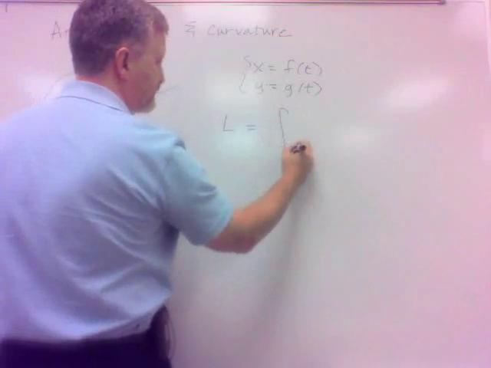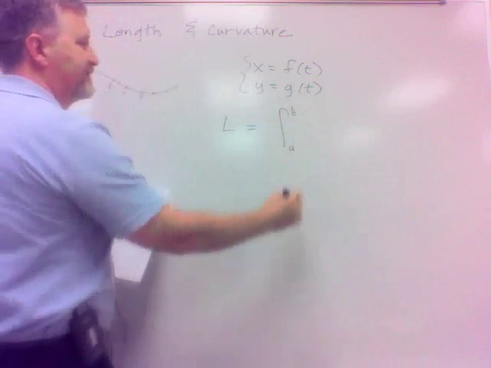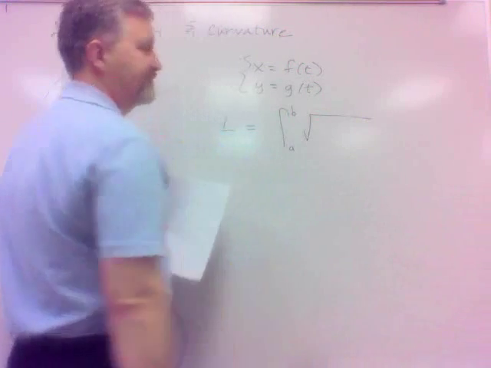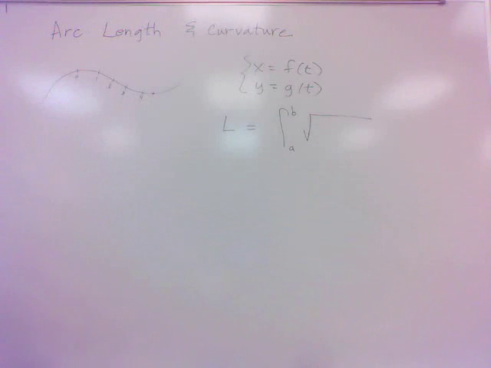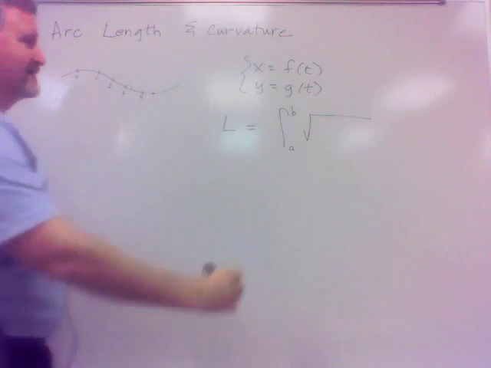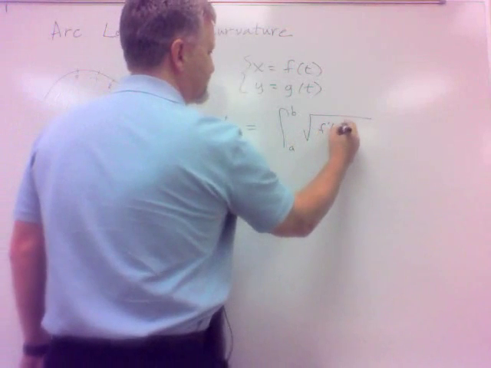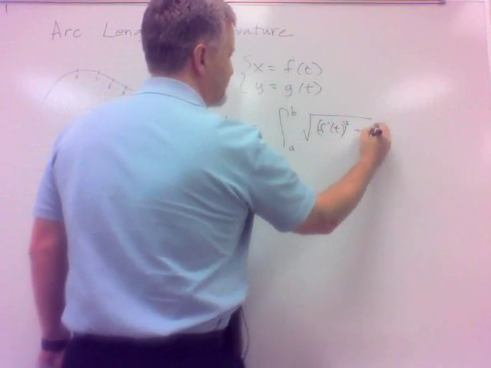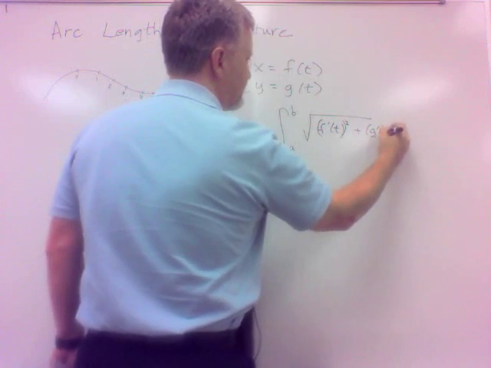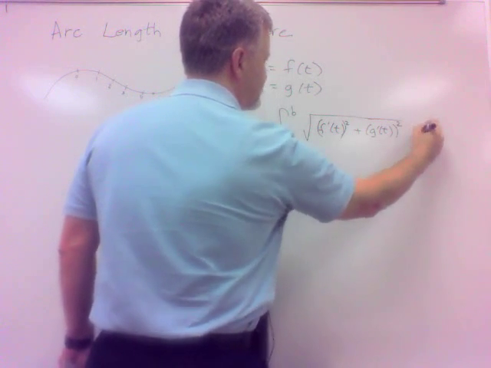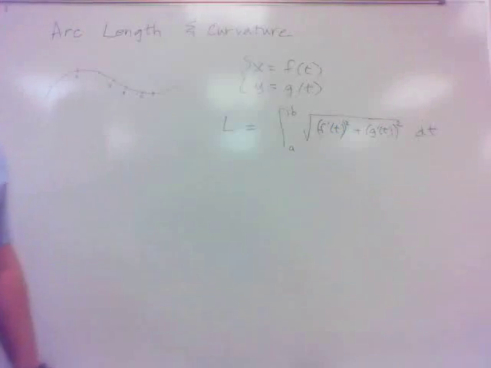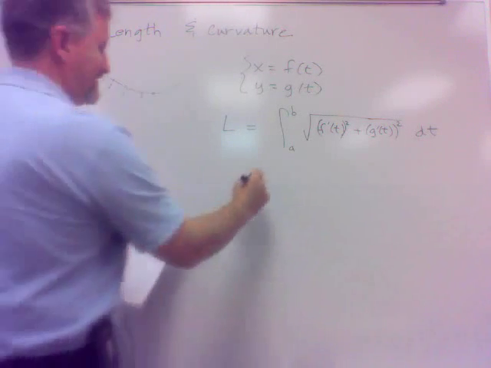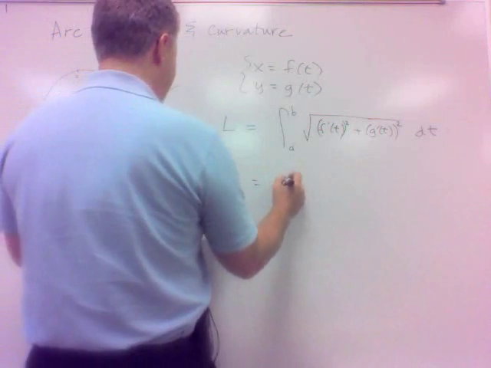It was the integral from A to B of the square root of the derivatives squared: f prime of t squared plus g prime of t squared dt. Exactly.